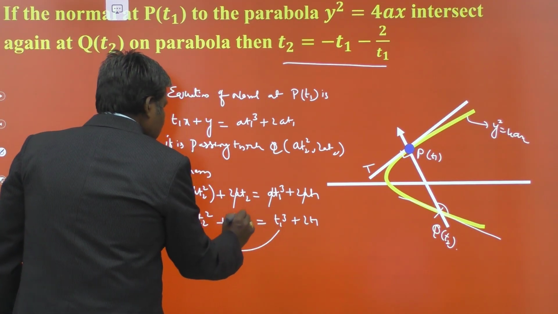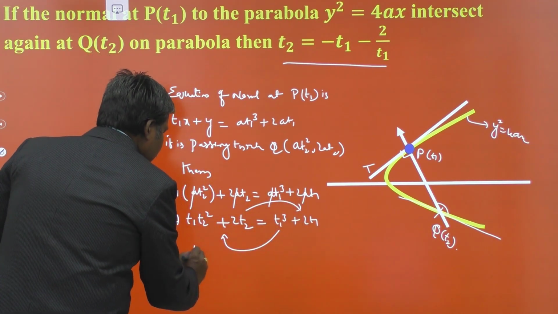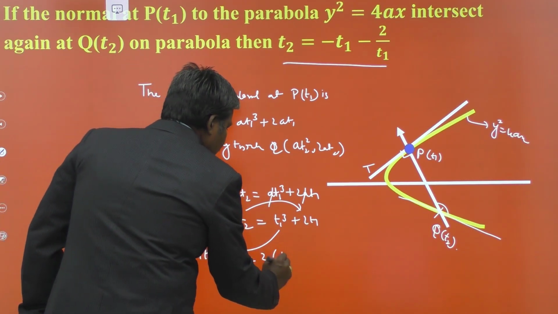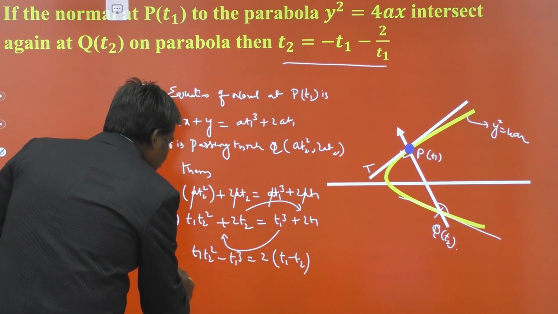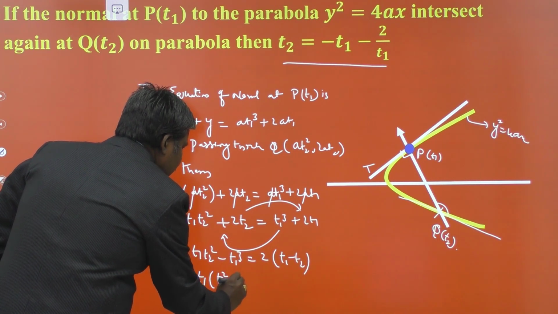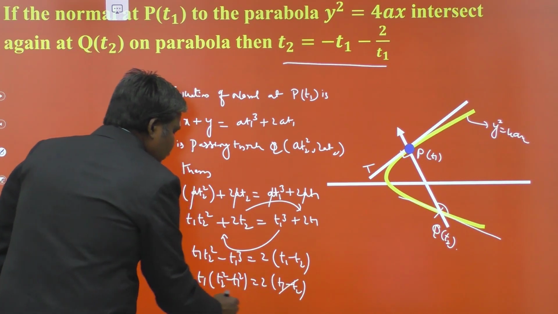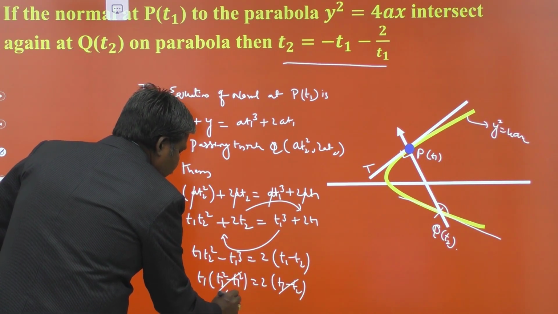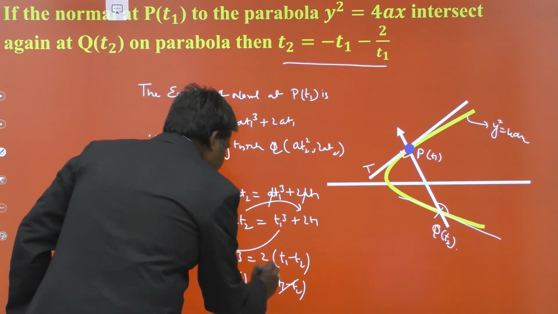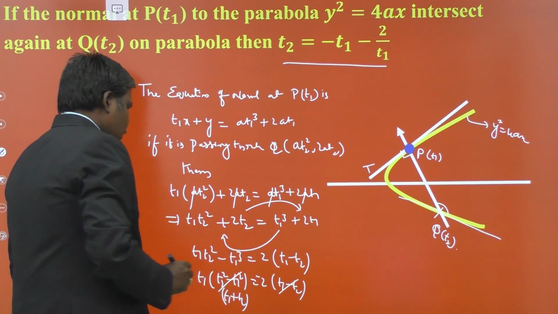Take t1^3 to the left side and take 2t2 to the right side. t1 t2^2 - t1^3 is equal to 2 times (t1 - t2). You may take t1 common: t1 times (t2^2 - t1^2) is equal to 2 times (t1 - t2). Now this (t1 - t2) cancels out with (t2 + t1) times, with a minus sign, because this is t1 - t2 and this is t2 - t1. So minus will be there.